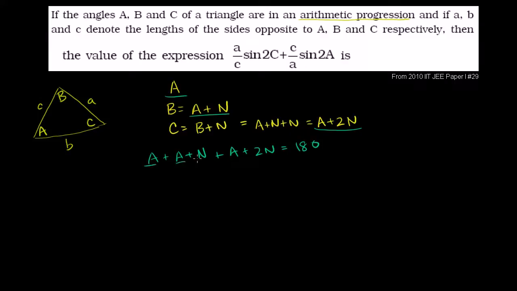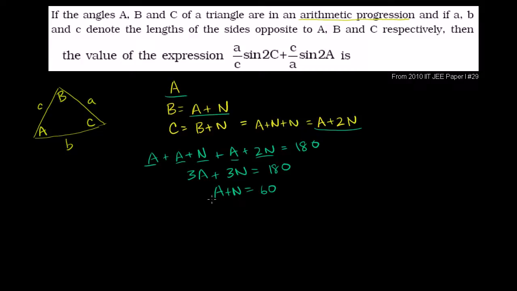We have 3 A's here. So we get 3A plus 1n and then another 2n. 3A plus 3n is equal to 180 degrees. Or you can divide both sides by 3, and you get A plus n is equal to 60 degrees.